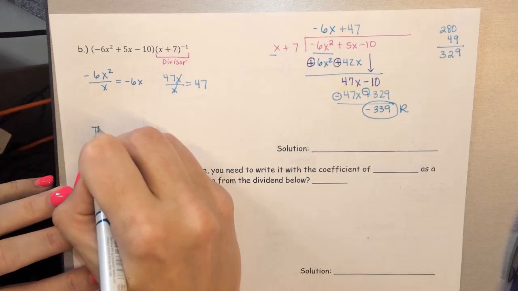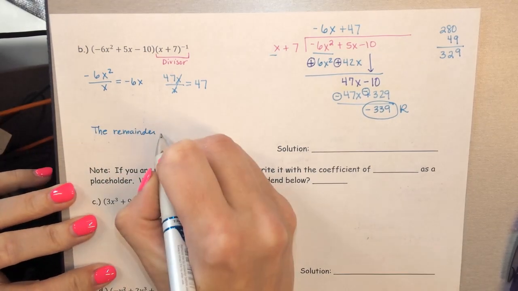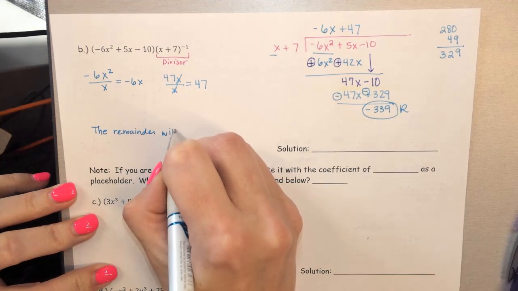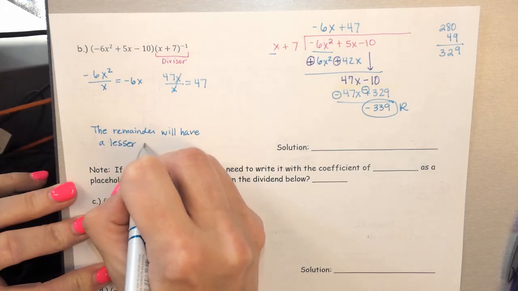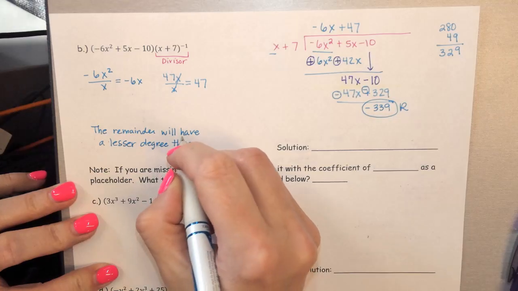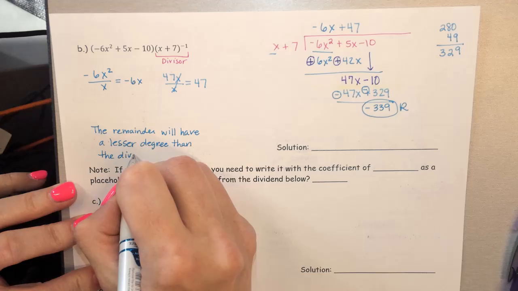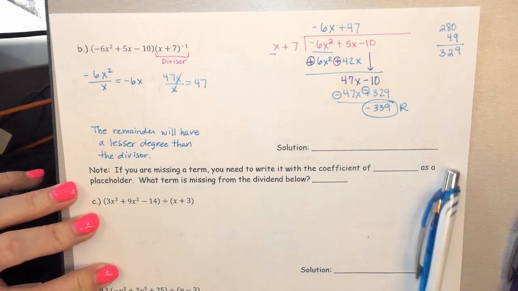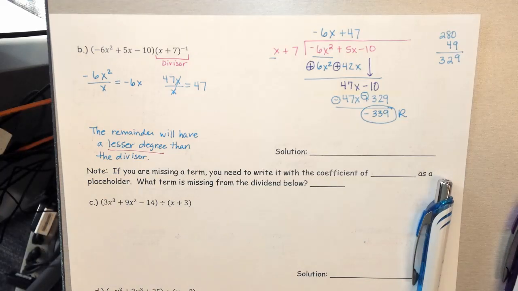So remember I had us highlight earlier, your remainder will have a lesser degree than the divisor. So we're going to investigate that for a minute. So your remainder should always have a lesser degree than the divisor.